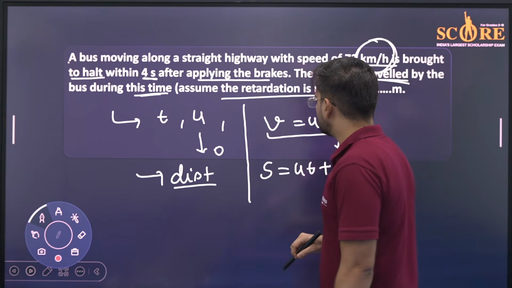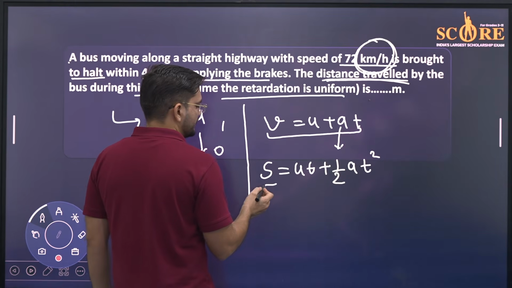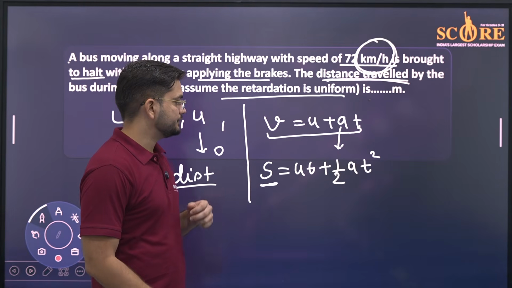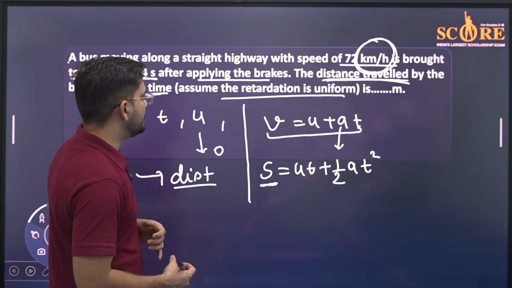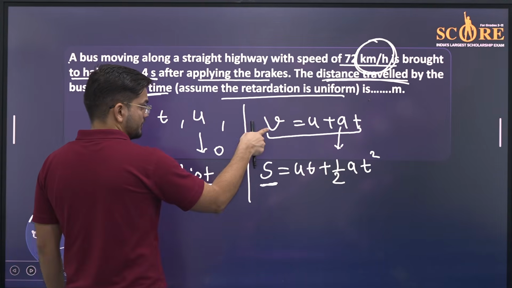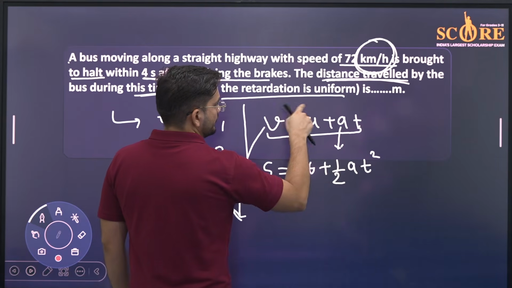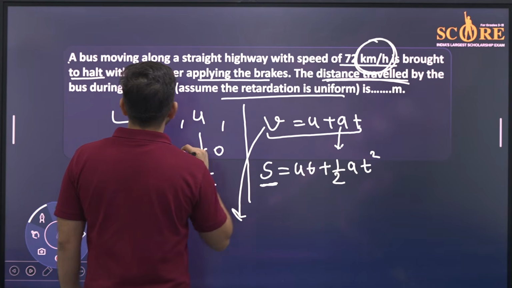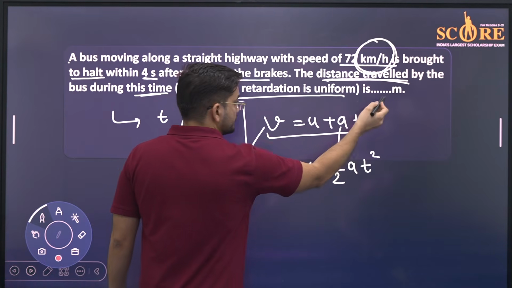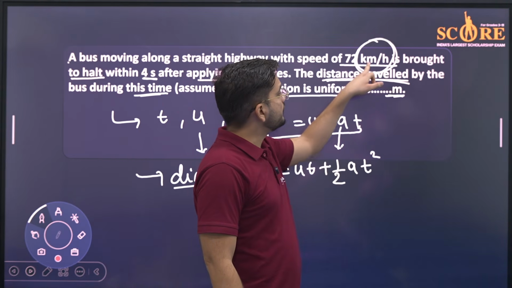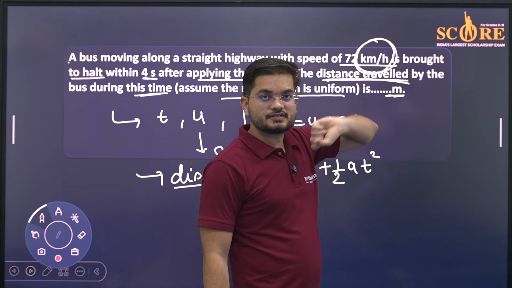By using this equation, we can calculate distance traveled or displacement. So what will be the acceleration? If distance traveled is asked in meter, then we should convert kilometer per hour into meter per second.